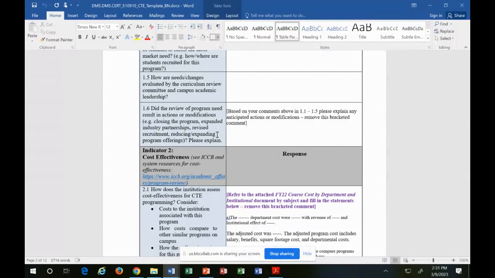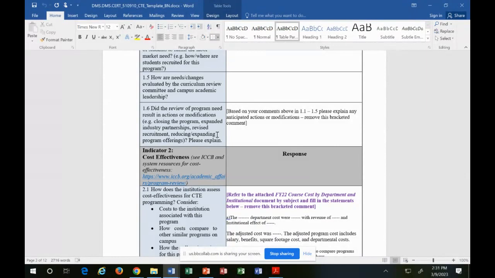So it's about, okay, did the review of the program need result in actions or modifications? When we look at the demand for our population, because for Lightcast, for example, we look at the Chicago metropolitan area, looking at this area, do we need to adjust some things in the program?